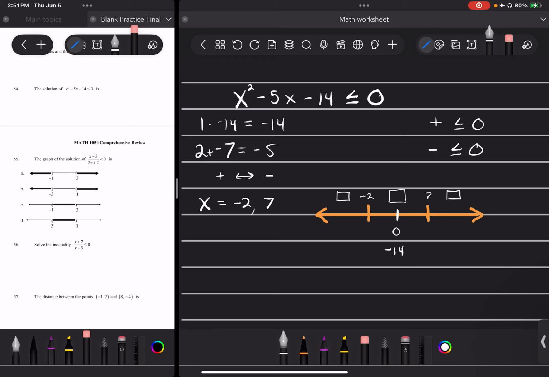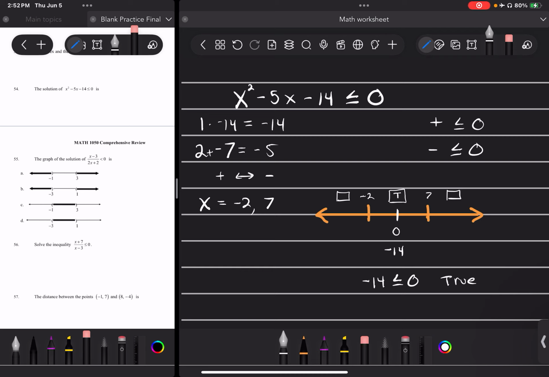It's not that it fits between negative 2 and 7. It's that if we put a 0 in, we have a negative 14 as our answer. So in other words, negative 14 is less than or equal to 0. This is true. So because it is true here, we know that our answer is going to be between this area.